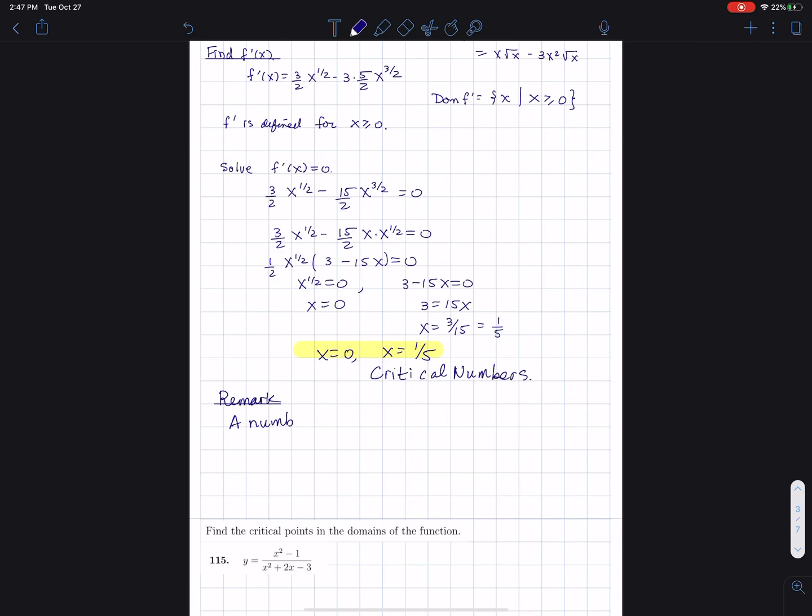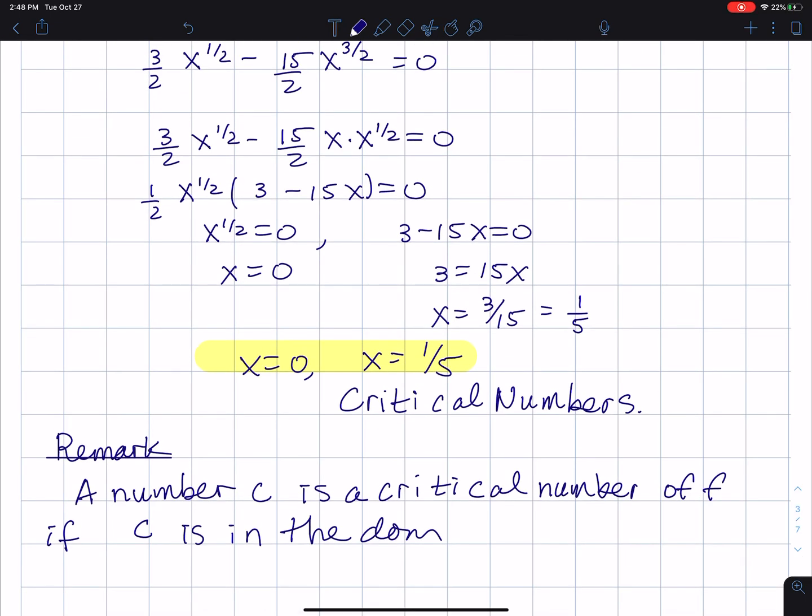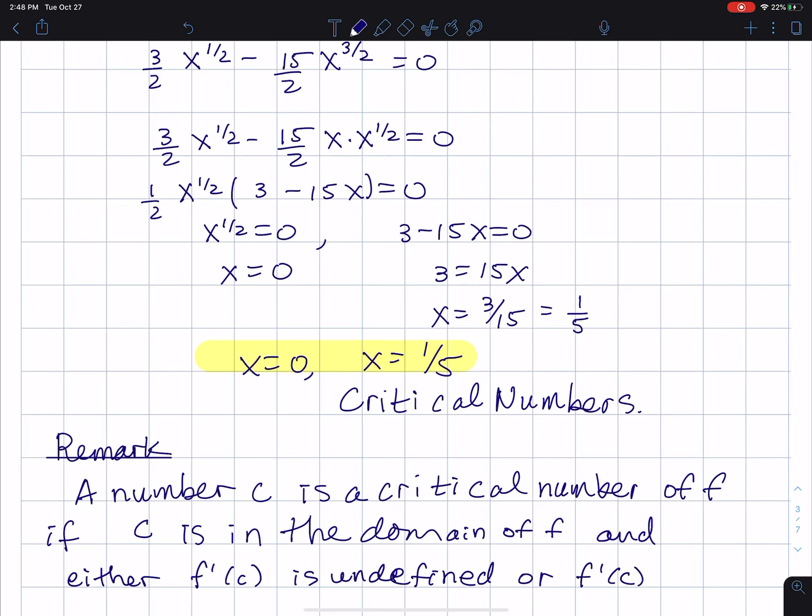A number C is a critical number of f if C is in the domain of f, and either f prime of C is undefined or f prime of C is equal to 0.